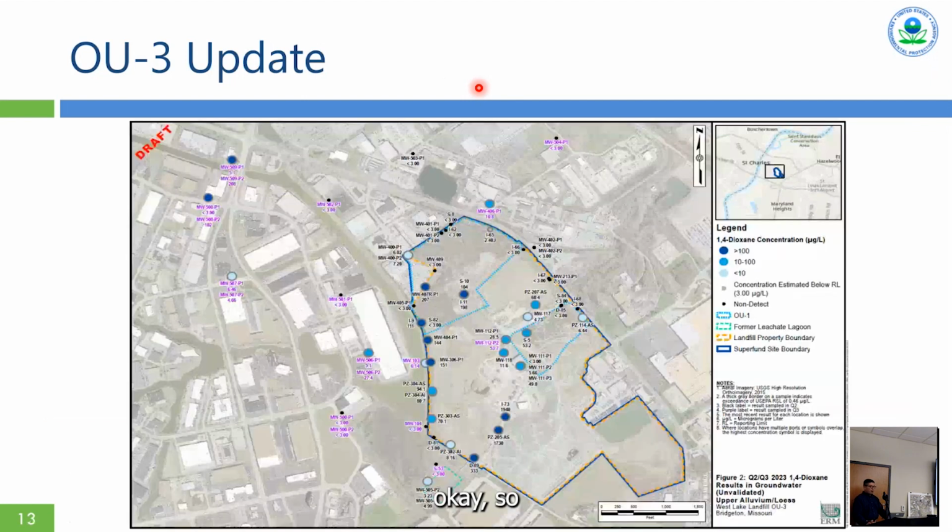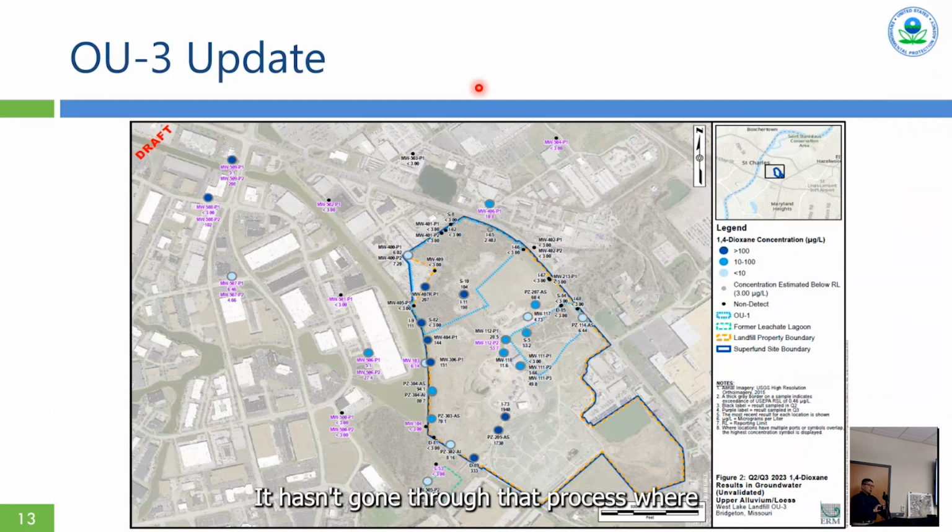Okay, so this is a figure. Earlier I said there was no Q3 data. Well, there's some for 1,4-dioxane. It's draft. It's not validated. It hasn't gone through that process where it's looked at for all the details about how it was analyzed. So this is 1,4-dioxane results for the third quarter of this year.